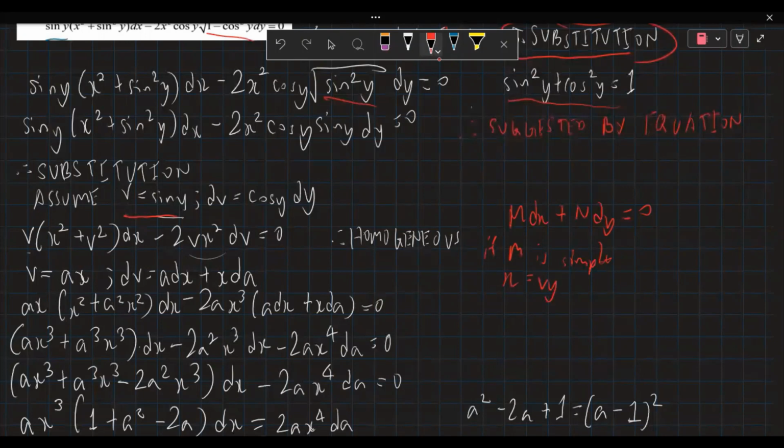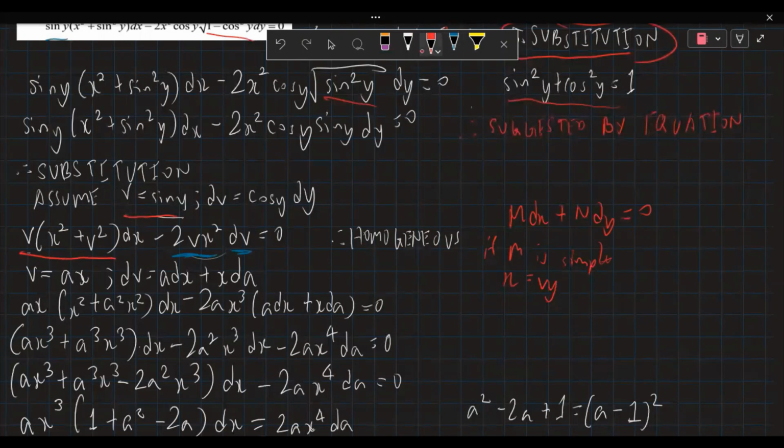But in our case, what they did is actually the same, in the sense that the function next to our variable dv is simpler than the function over here.